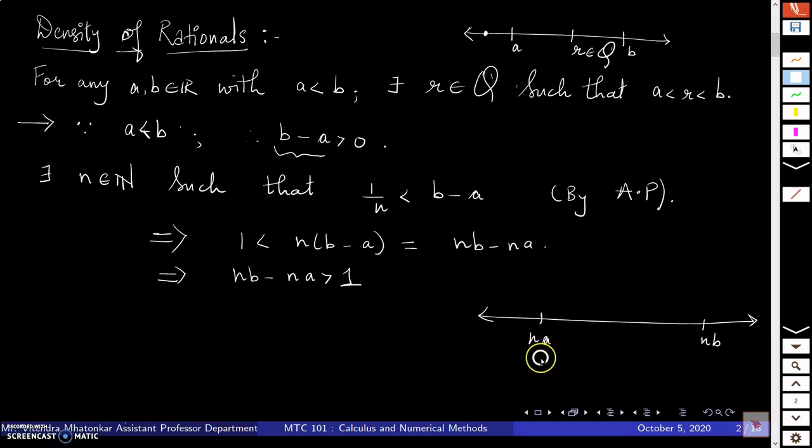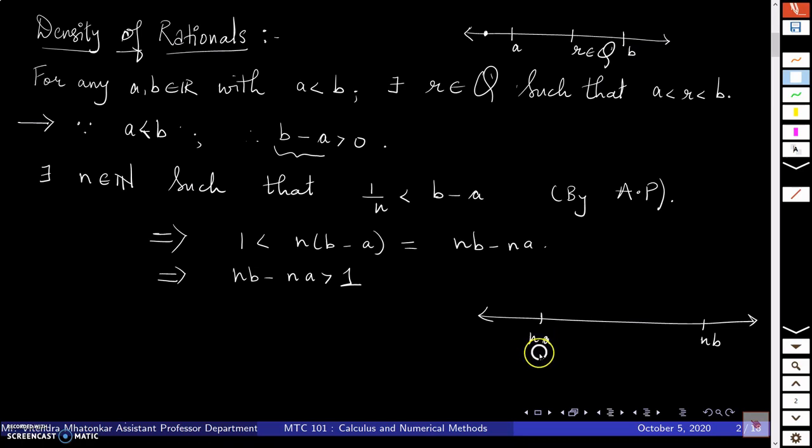All right, so now a is a real number that was given to me, and I've multiplied a natural number n to it. So finally I have a real number na with me, and from the last lecture, given any real number x, I can find an integer m such that m is less than or equal to x and x is strictly less than m plus 1.